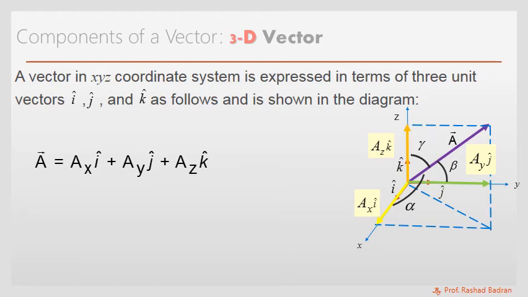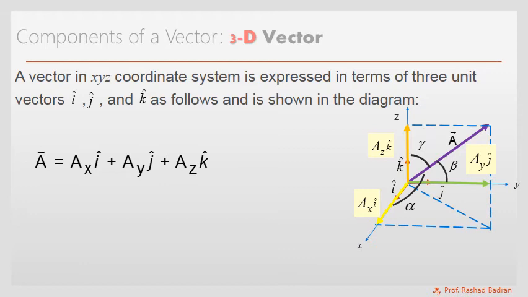Now, the student may ask, what about alpha, beta, and gamma? Well, alpha is the angle between the x component of A and the vector, while beta is the angle between the y component and the vector. And finally, gamma is the angle between the z component of the vector and the vector.